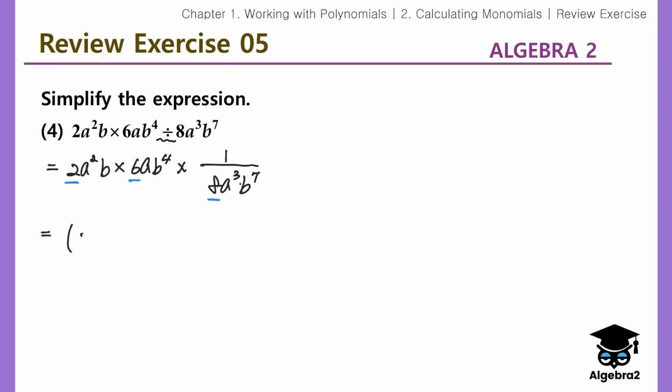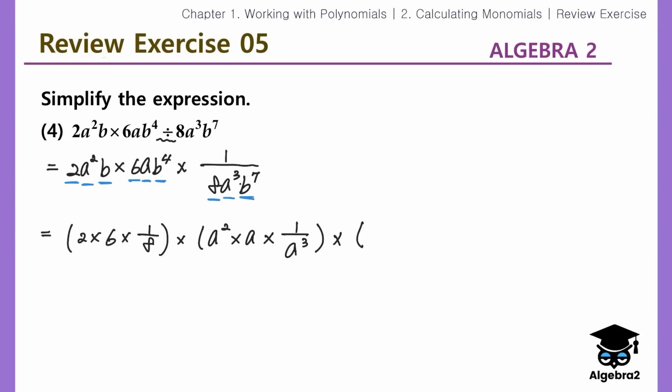So that's going to be 2 times 6 times 1 over 8 times, now a's, a squared a and 1 over a cubed. So a squared times a times 1 over a cubed times, we have b to the 4, 1 over b to the 7. So that's going to be b times b to the 4 times 1 over b to the 7, right?